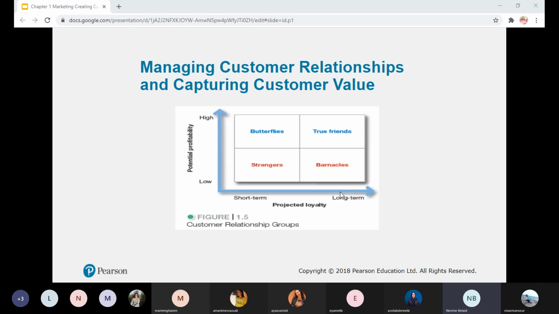So this is an introduction. Let's say you don't have deep knowledge about this. Just understand that there are different types of customers that require different engagement and relationship management strategies. Okay, right? Yes, okay.